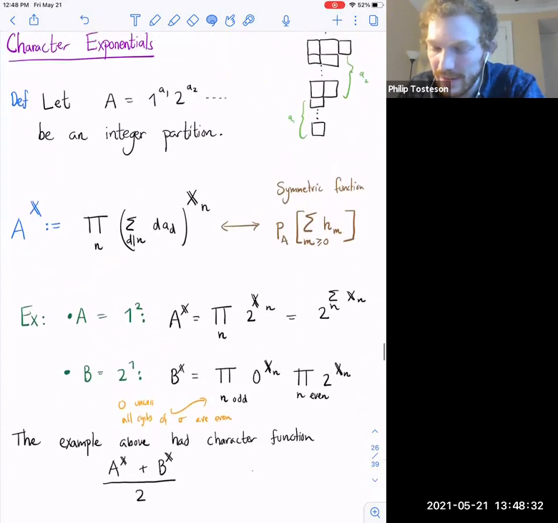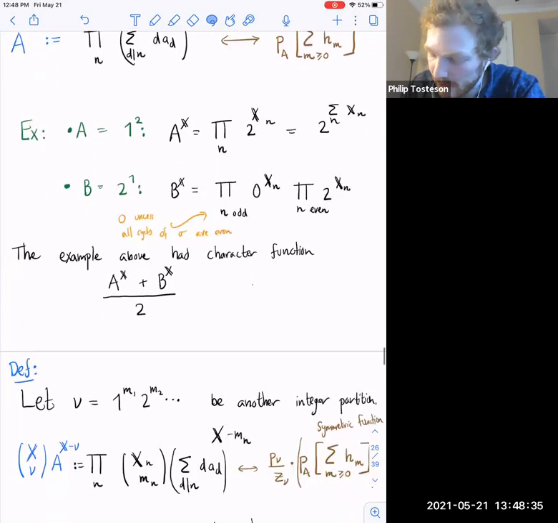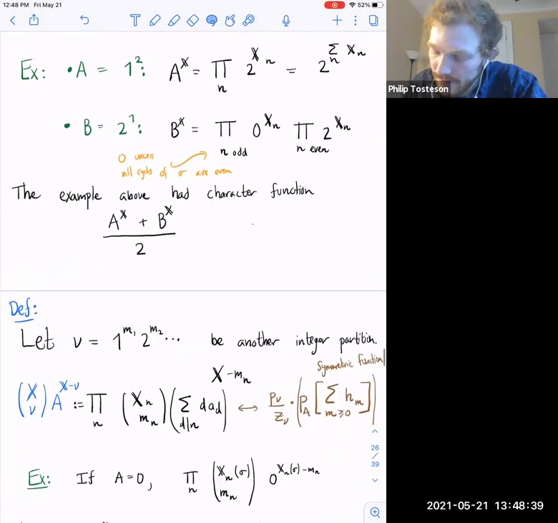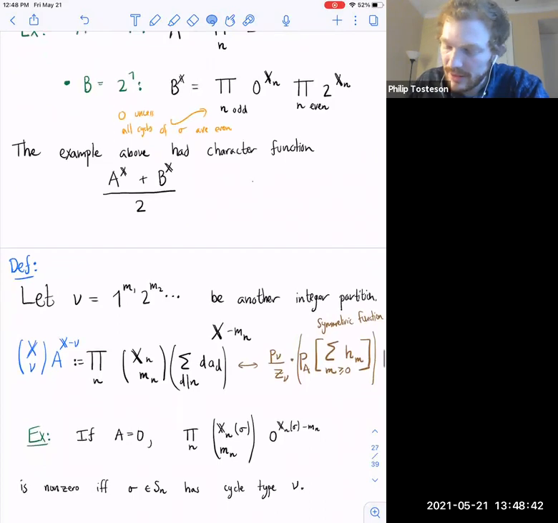So this is a character exponential, and it turns out that to describe the characters of FSop modules, I need something slightly more general. I need this function, which I call x choose nu a to the x minus nu, which is a product over all n, and it corresponds to this symmetric function here, where I've taken my symmetric function from before and multiplied it by p nu over z nu.